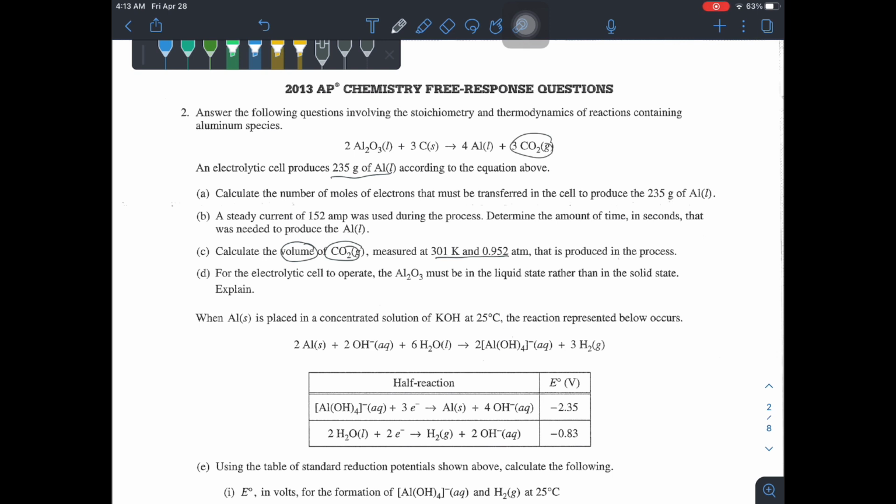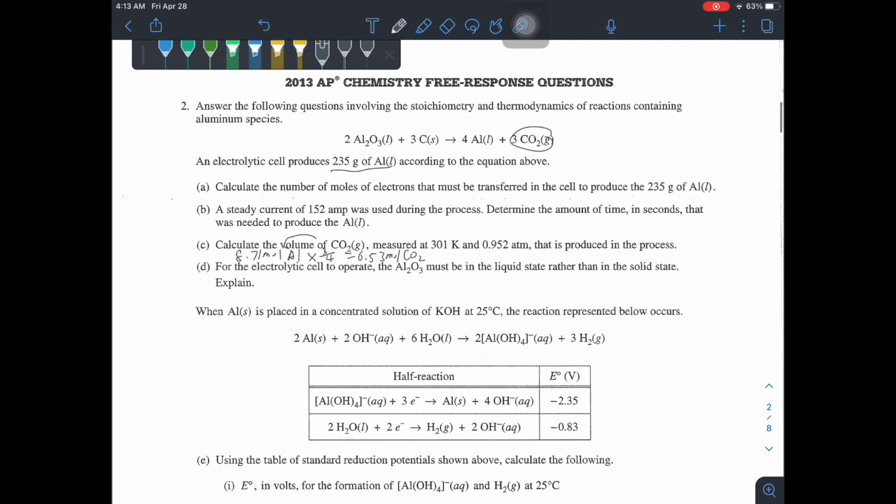How we do that is we use the molar ratio. The aluminum we have is 8.71 moles, and we would times 3 over 4. The answer would be 6.53 moles of carbon dioxide.